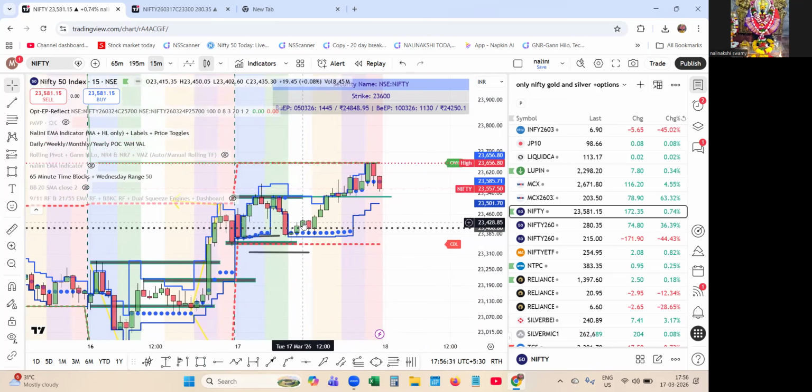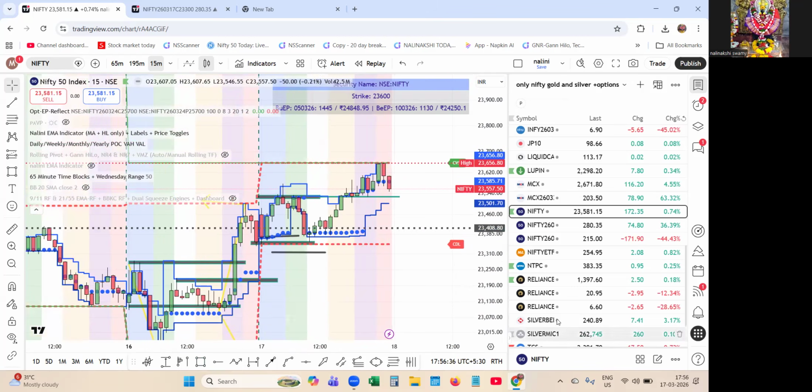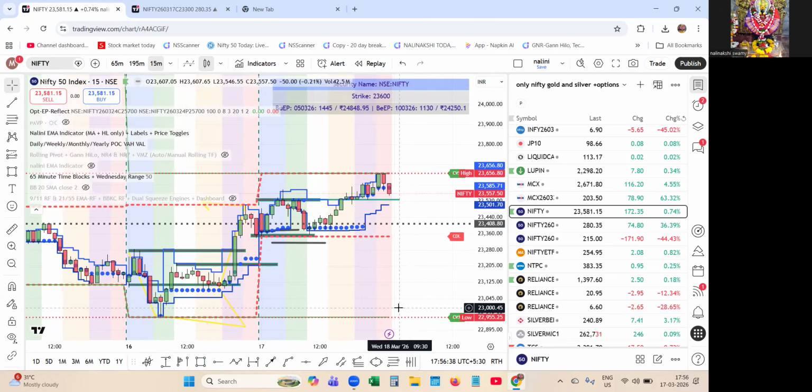When the market, after the third hour, one day, one type of presentation will be there in the market. See, here the market made a high. Here, after the second hour, it traveled down. Here, in the first hour, the market made a high and low, and the second hour it pierced through and made a high.